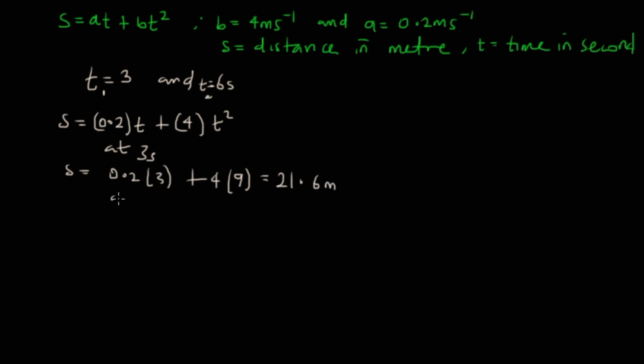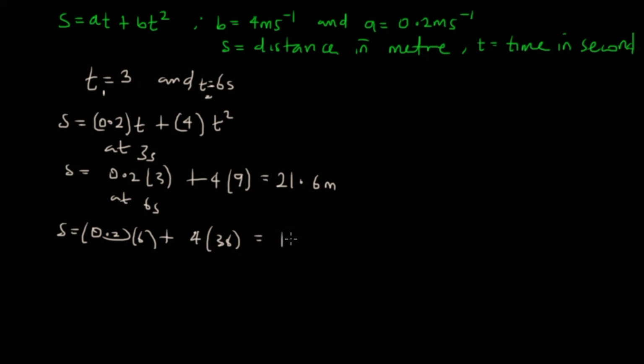Now at 6 seconds, the distance will be equal to 0.2 multiplied by 6, then plus 4 multiplied by 6 squared, which is 36, so that we'll have something of this nature.